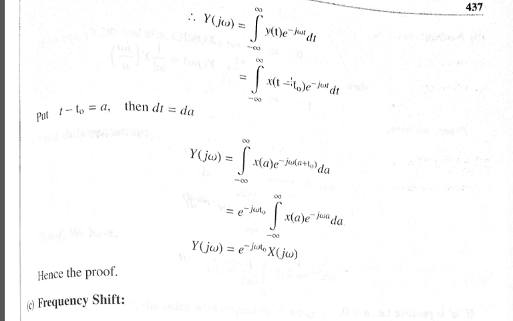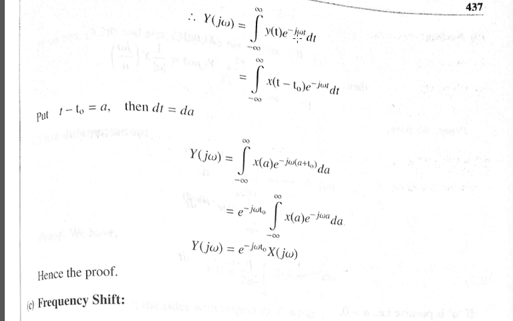So x of a, e raised to minus j omega as it is, but this t is given by a plus t naught, and dt is nothing but da. When we substitute, e raised to minus j omega t naught will be outside, because for x of a we should have e raised to minus j omega a, whatever is the term here should be there as the exponential.